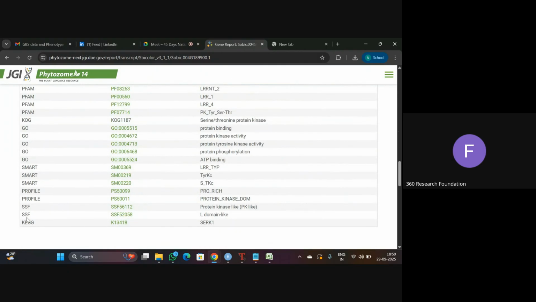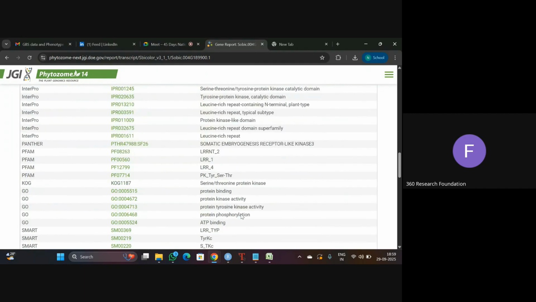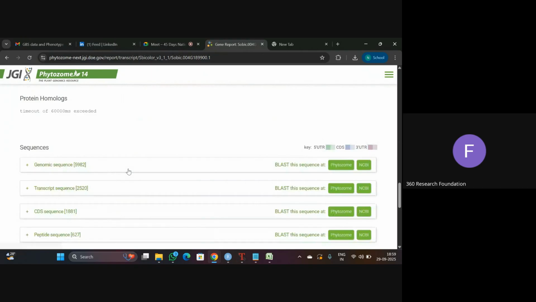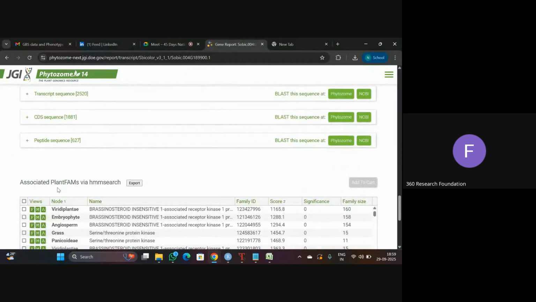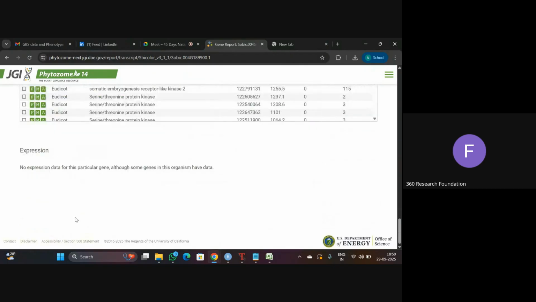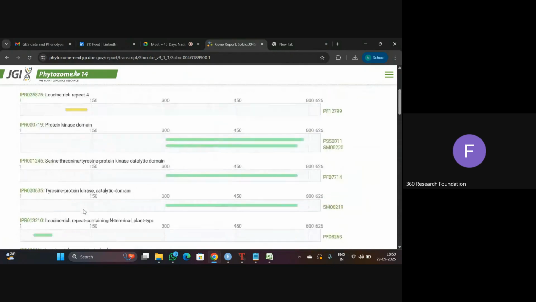Here a number of databases are there. Then you will get the sequences, like genomic sequence, transcript sequence, CDS, peptide. Then where is homology?